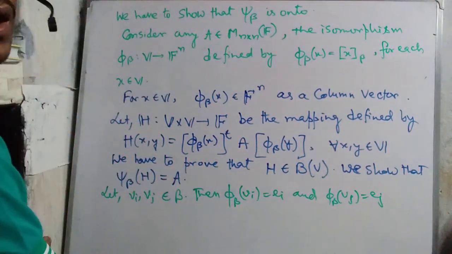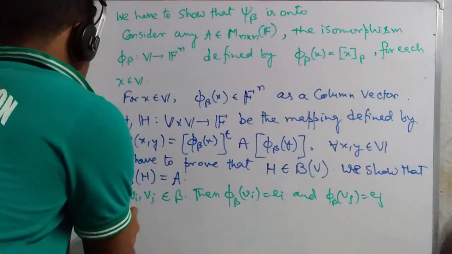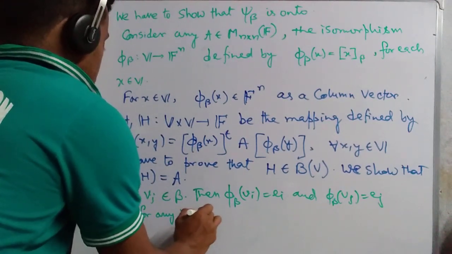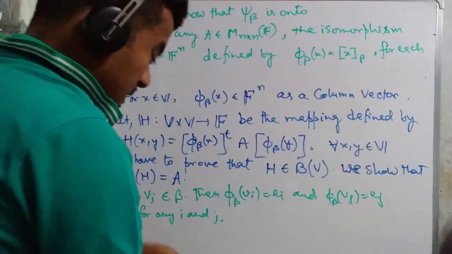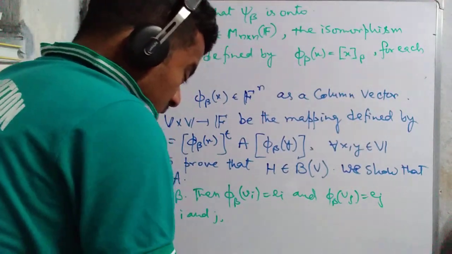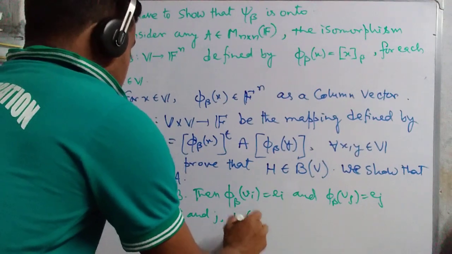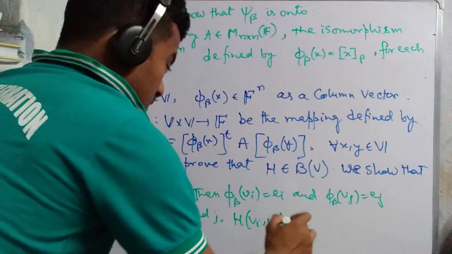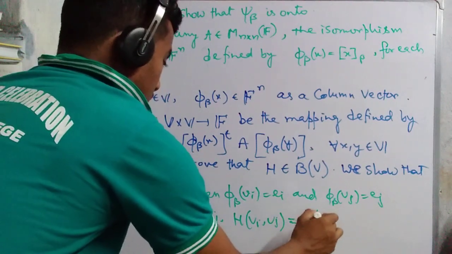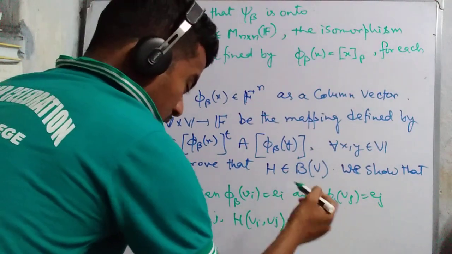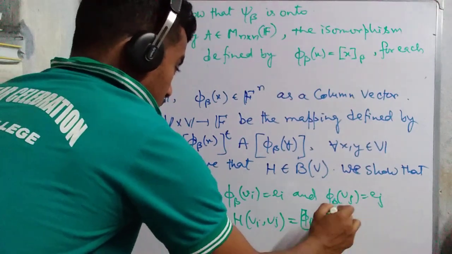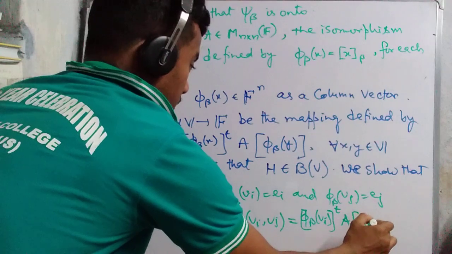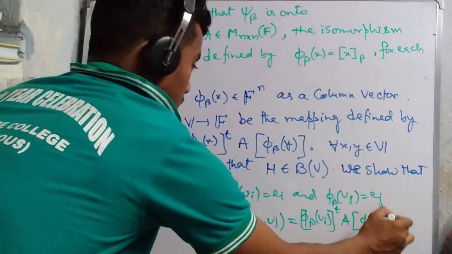Hence for any i and j, h of vi, vj equals phi beta of vi whole transpose A phi beta of vj whole.